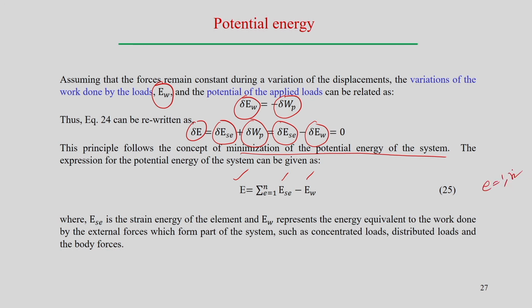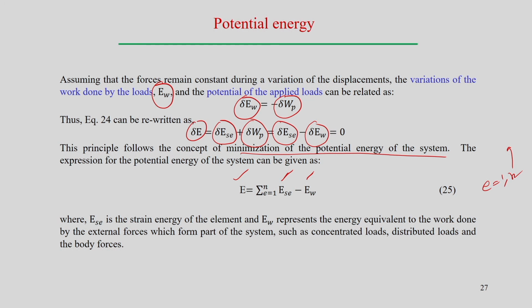1 to n means suppose in this particular domain, when you discretize it, there are n number of elements, and we are assuming the summation of the total potential energy as well as the external work done, the potential of the applied load, which is equivalent to the application of the external load.